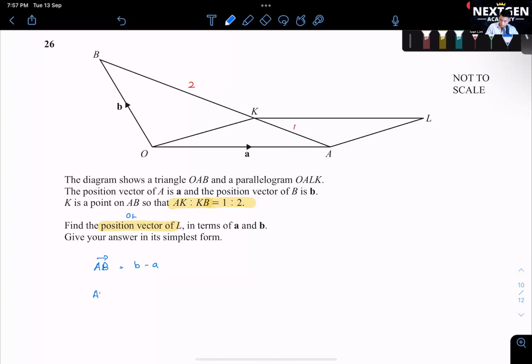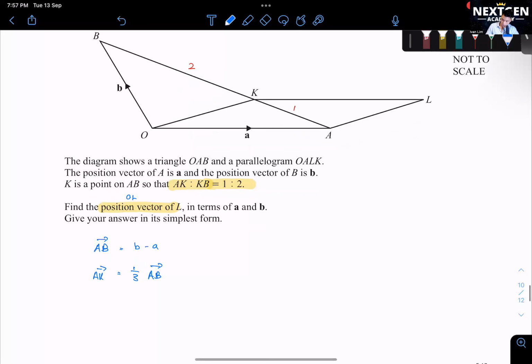So AK is equal to 1/3 of AB, because you see this whole part here is 3 parts. So AK is 1/3 AB, which is 1/3 (b minus a).